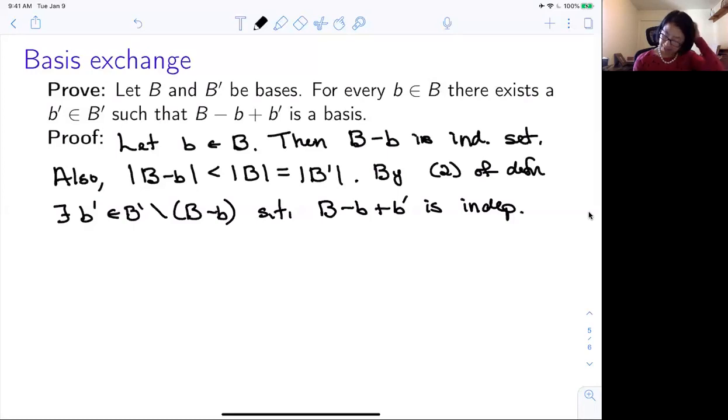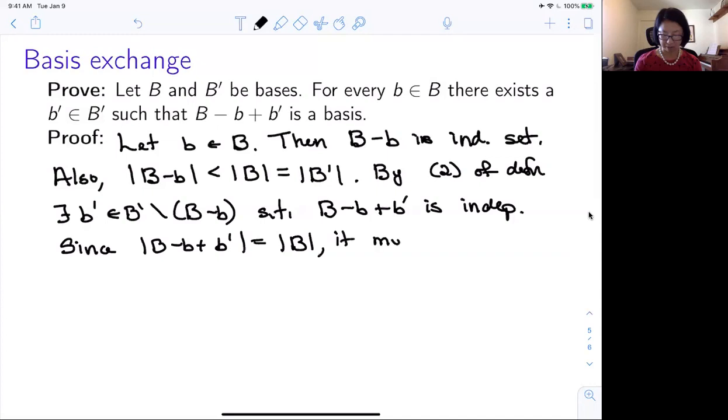And I can see also that since B minus b plus b prime has the same cardinality as B, it must be a basis. Because it's an independent set and it can't be strictly contained in another independent set, since all bases have the same size, right?